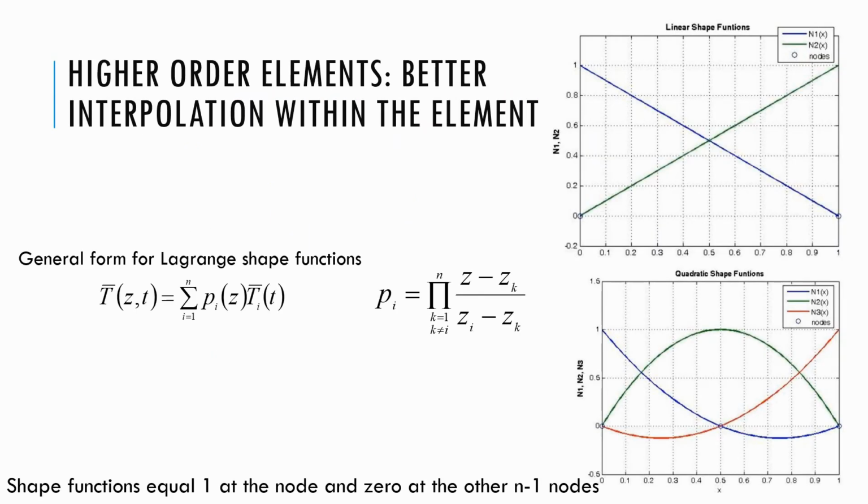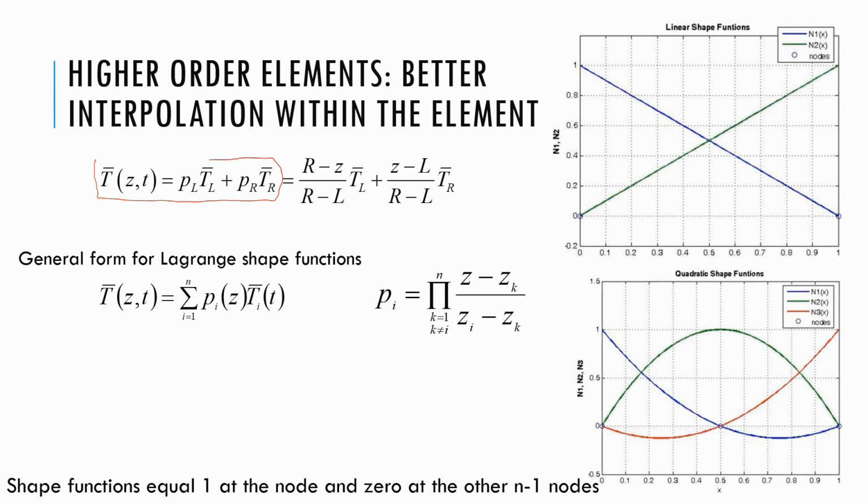Recap, when we had two noded elements, temperatures at points other than the nodes were given by an equation like this, right? So if it is a two noded element, then temperature at the left node could be TL, here it could be TR, and any point in between we get it by linear interpolation.